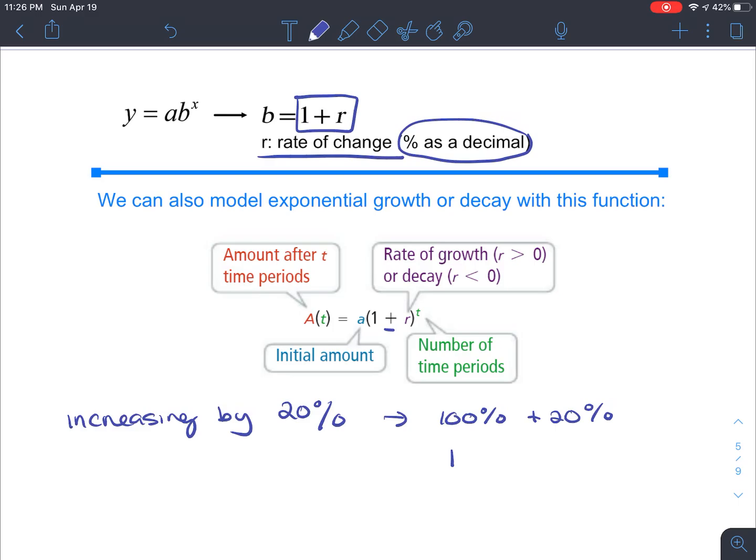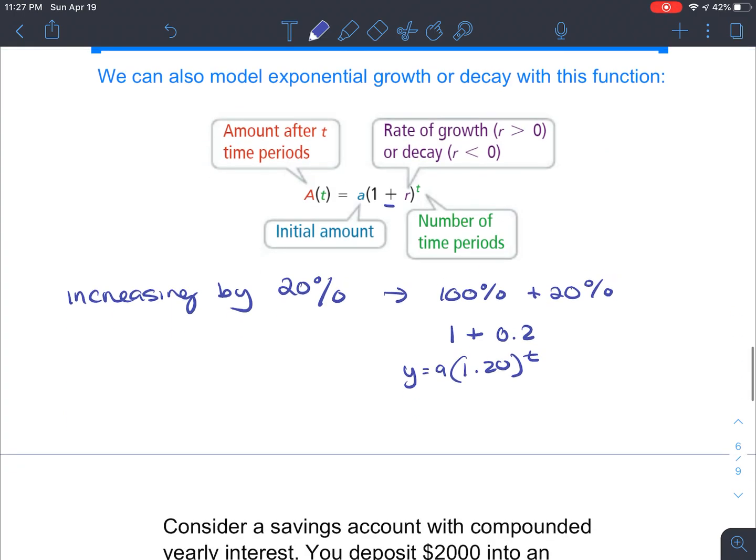If I express this as decimals, 100% is equal to 1 plus 0.2. So my growth factor here will be 1.2. So your equation will be y equals a times 1.20 to the t.